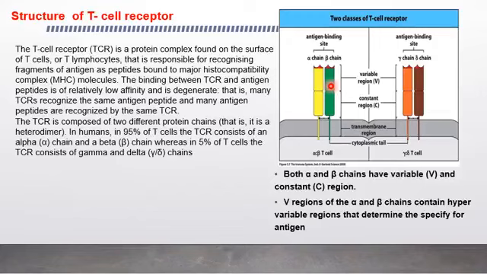Okay, so here the T cell receptor and here the T cells. Let's then say the T cell receptor is a protein complex found on the cell surface of the T cell. This is the T cell and this is the T cell receptor, and the receptor is a protein complex.